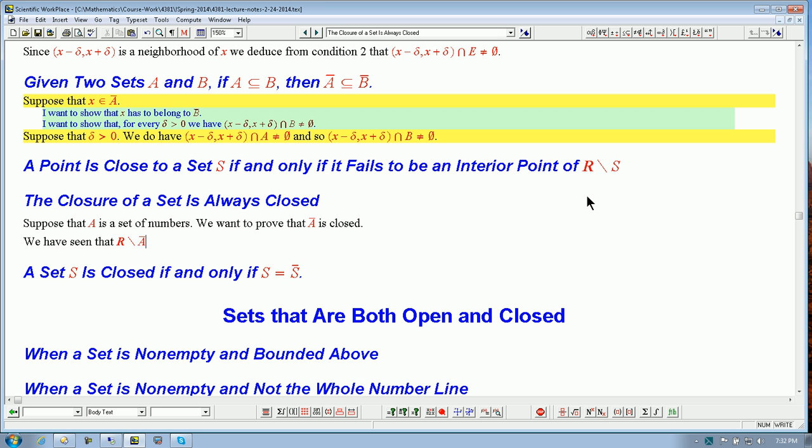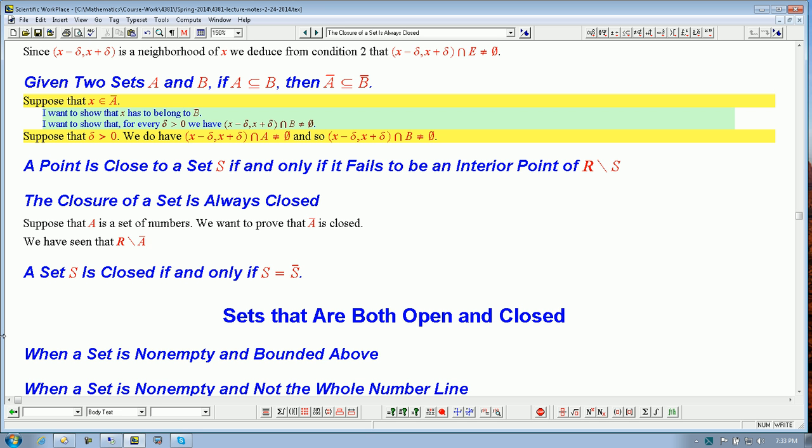Actually, I didn't tell you that. Mace told you. She's reliable. A number is close to a set when it fails to be interior to the complement. So a number is not close to a set when it is interior to the complement.